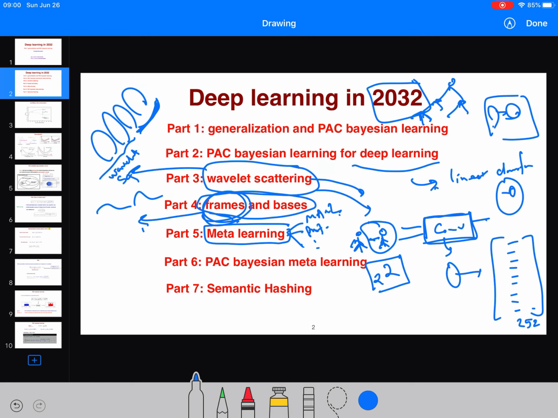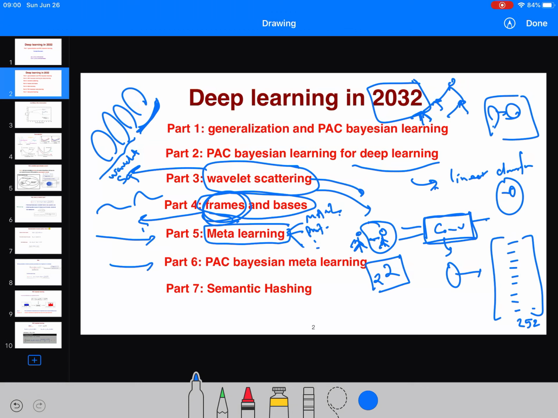So it's just an epsilon perturbation of what you have learned before. That's why the learning is very fast. We want to mimic this idea in meta-learning. So meta-learning is the future of machine learning.